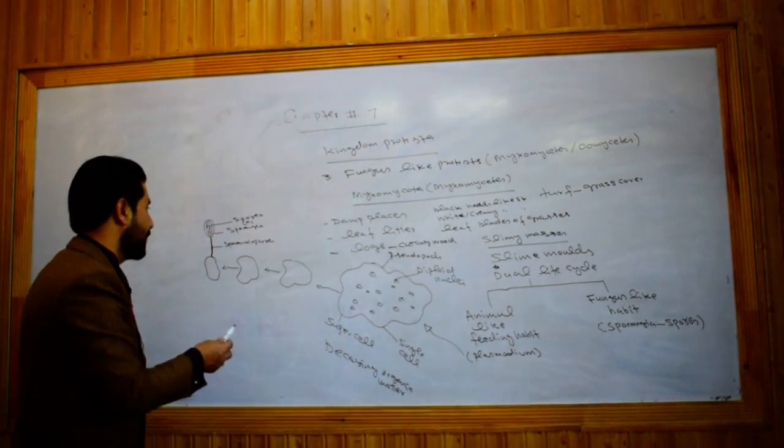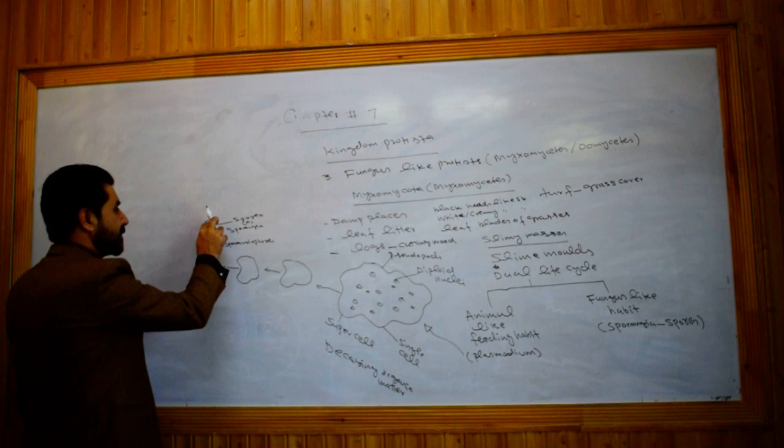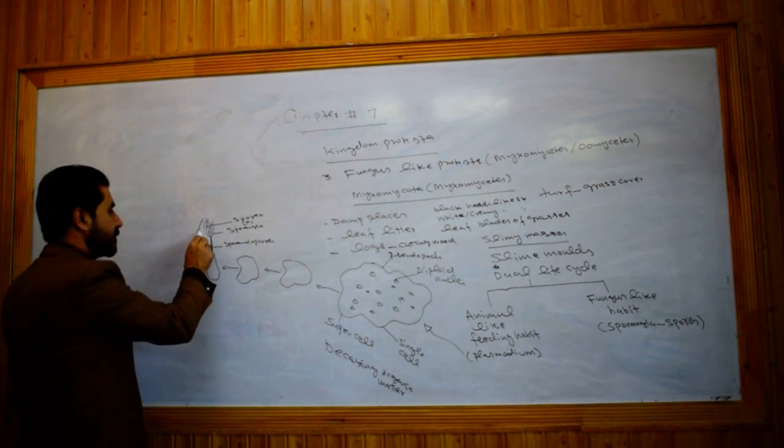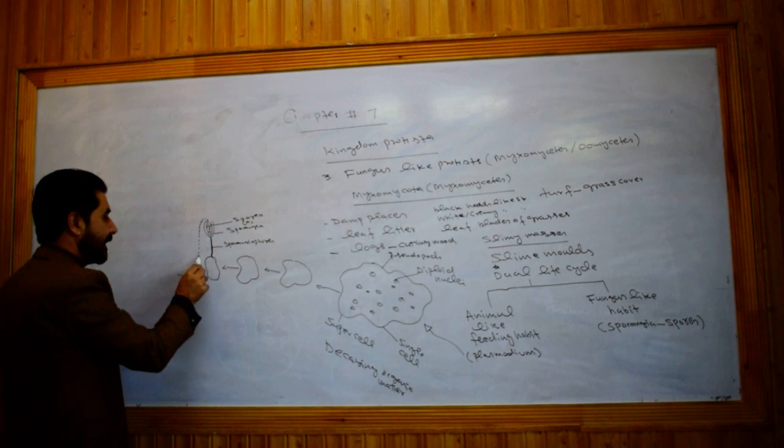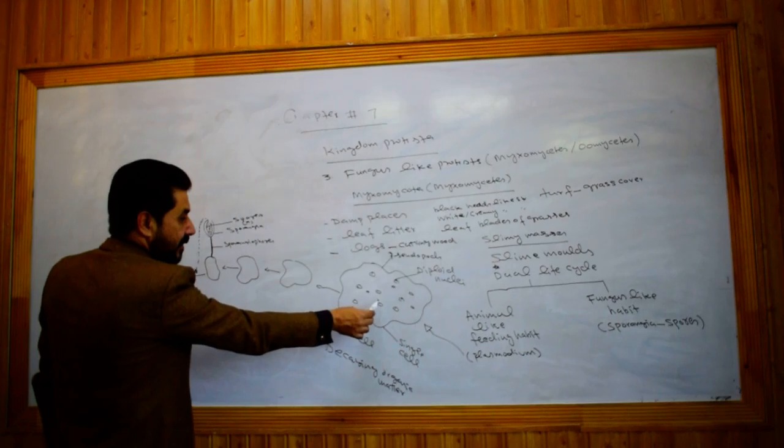When spores are produced, after the maturation and rupturing of sporangia, these spores will be liberated. Spores will fall on what? A suitable substratum, and again they will grow to produce a new mycelium.